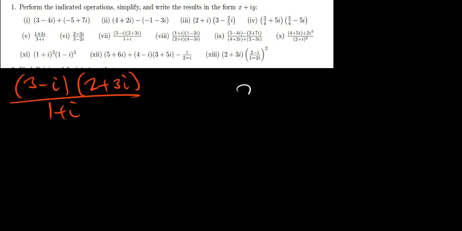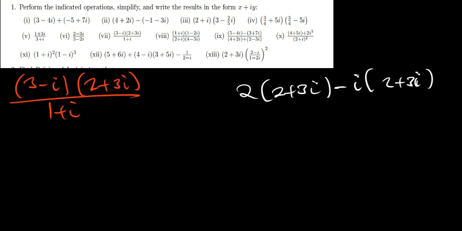It's the same as 2 open brackets 2 plus 3i, then minus i open brackets 2 plus 3i, like that. 2 times 2 is 4, 2 times 3 is 6i, but there is negative i times 2, it will be negative 2i. Negative i times that one, it will be negative 3i squared.